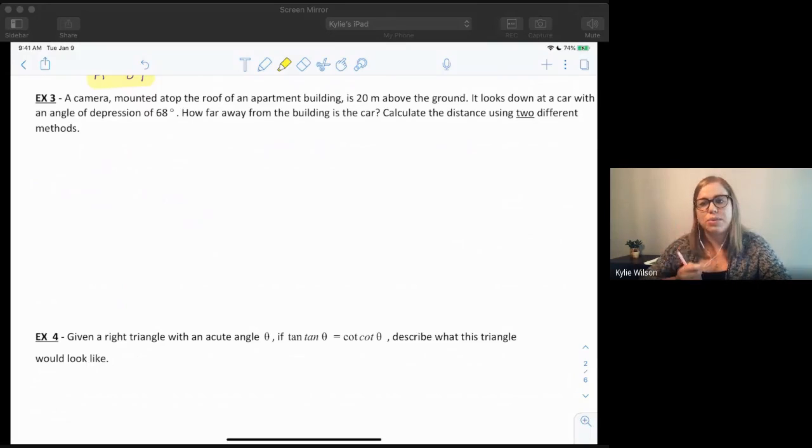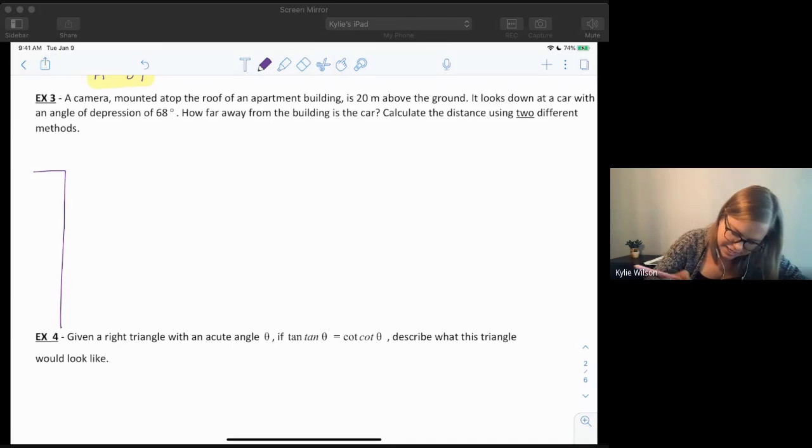So anytime you have a word problem with trig, I would highly recommend you start with a diagram. So that's what I'm going to do. So here's my building, like that. The building is 20 meters high. I have this little camera thing on top of the building here, and it sees a car down here.